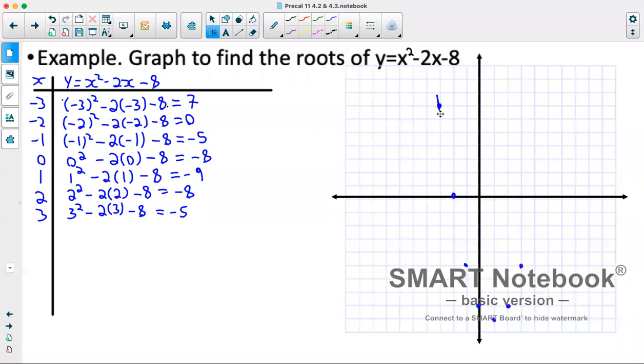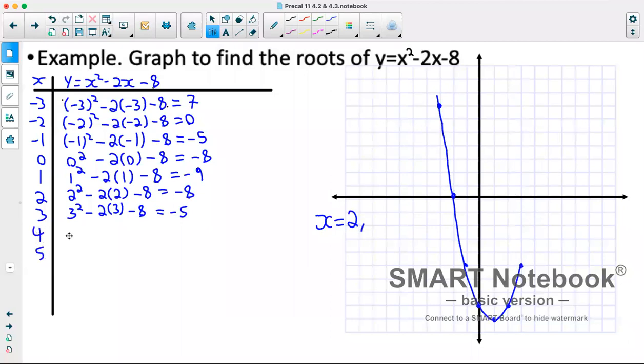So you can see that we have part of our parabola. We so far have one of our x-intercepts, so we know that x is equal to -2, but this should be coming back up and crossing somewhere over here, so we'll do a couple more coordinates.